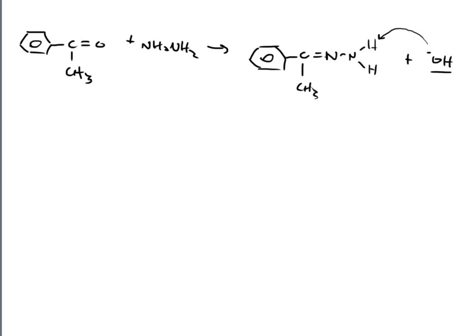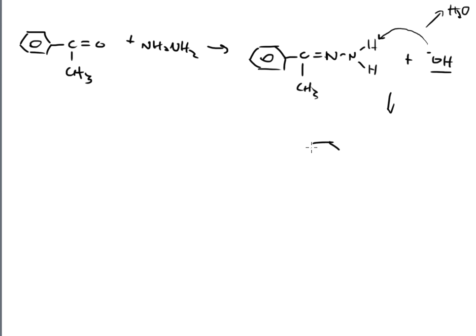There's a lot going for me here, and I can rearrange myself and maybe make this work out in my favor. But in order to do this, you're going to have to take the proton away from me. So this OH pulls that hydrogen off, and that makes HOH, which is water.